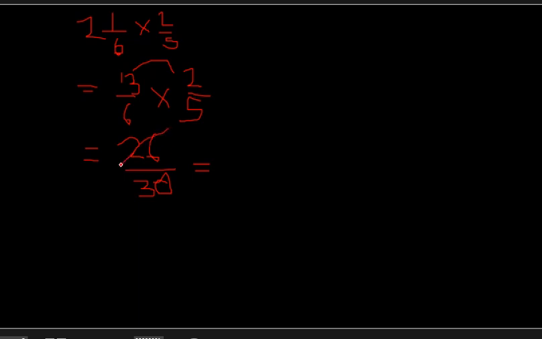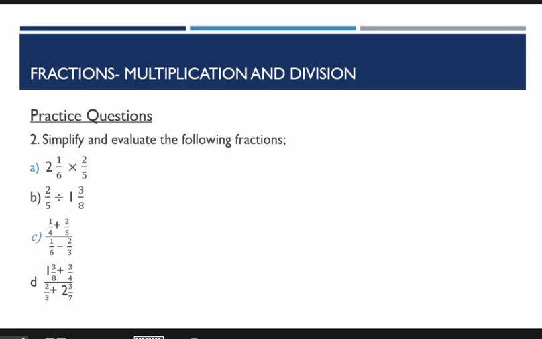You divide by 2 everywhere. So you have 13 over 15, as simple as possible. So 13 over 15 is our answer.